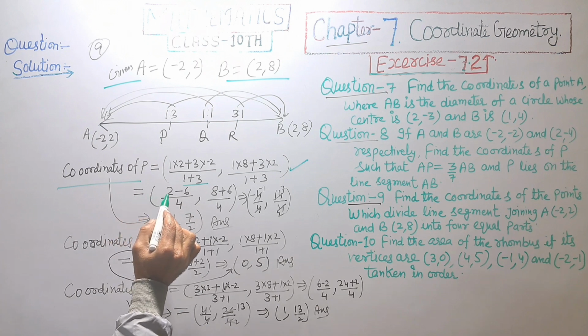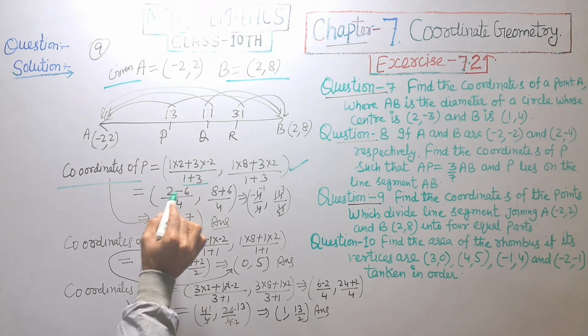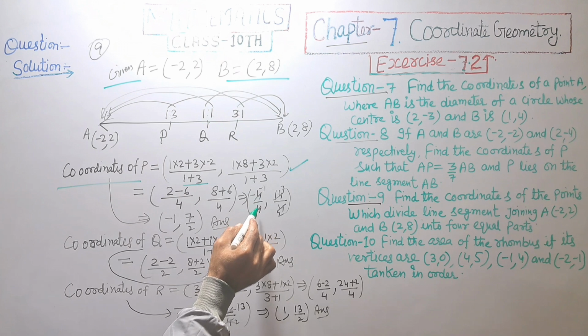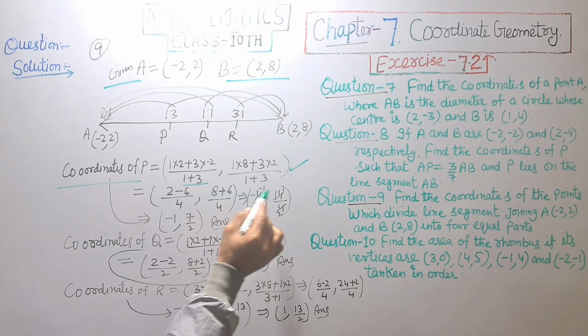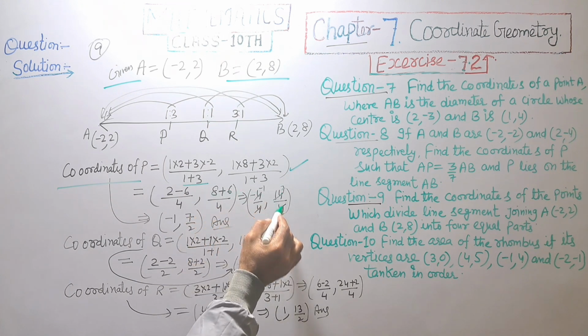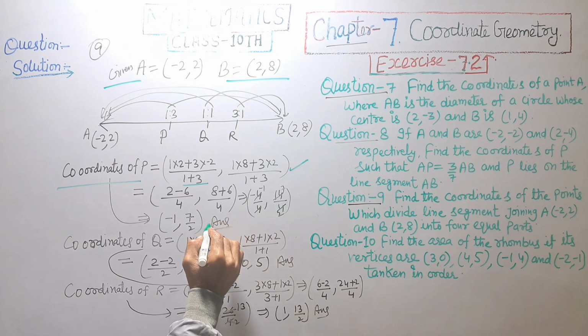We get the coordinates of P as (2 - 6)/4, that is -4 upon 4, and (8 + 6)/4, that is 14 upon 4, 7 2s are 14 and 2 2s are 4.